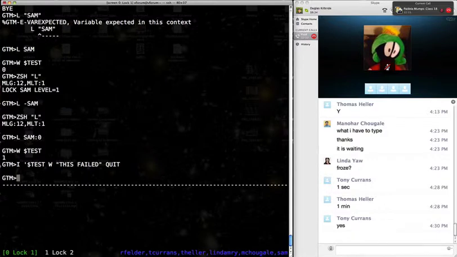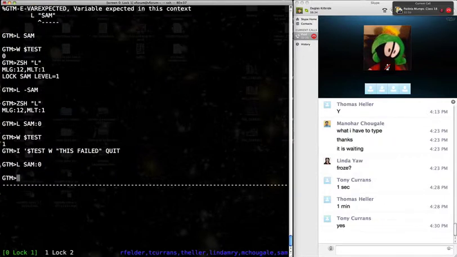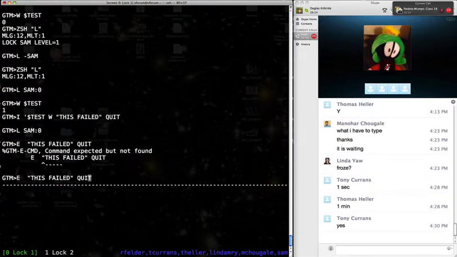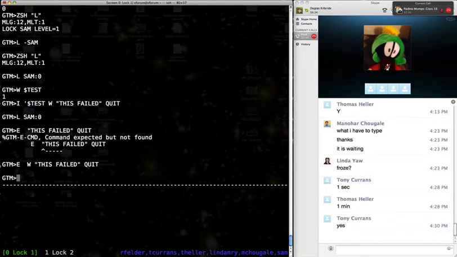Again, you don't technically have to write that, because if $TEST isn't true, you could just write an else: "this failed", quit.